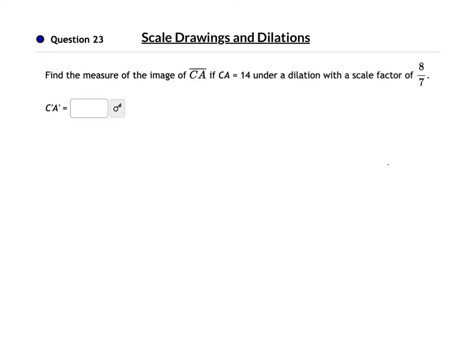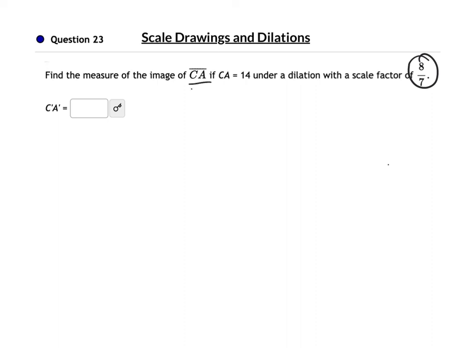For question 23, remember back to the teaching when I did a dilation with a scale factor of 3 over 1, and what I said was that every length would be 3 times bigger. In this case, that's a weird number, every length would be 8/7 times bigger.